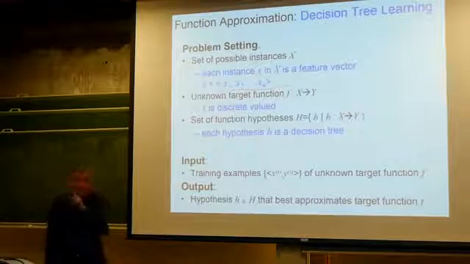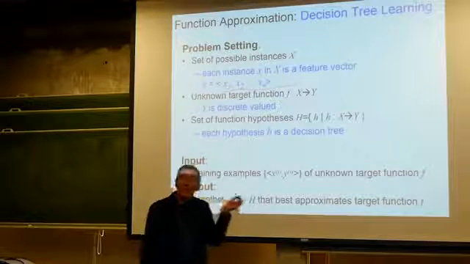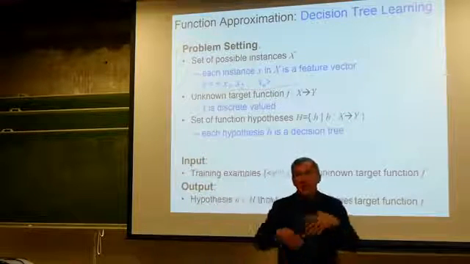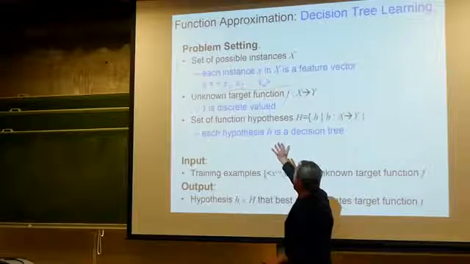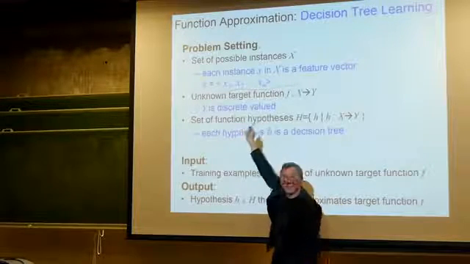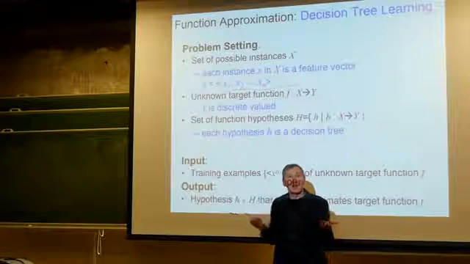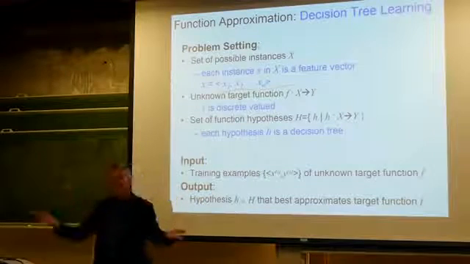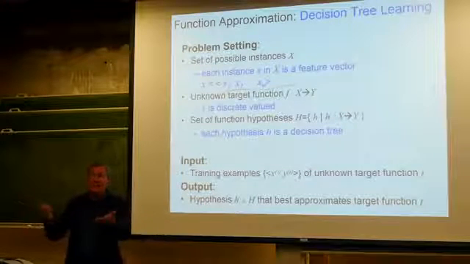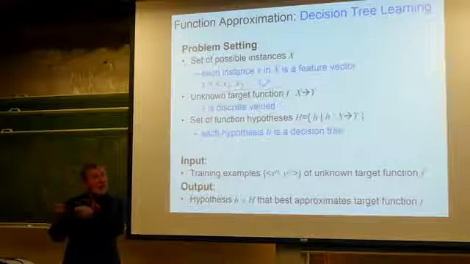And as we said last time, one nice property of decision trees is that they can represent any discrete valued function over any vector of discrete valued input attributes. And so decision trees are sufficiently expressive to represent any function that we might want to teach it.